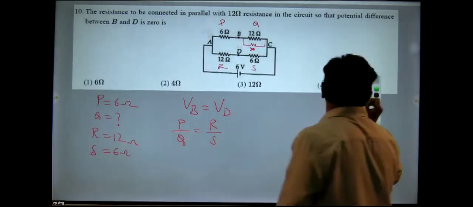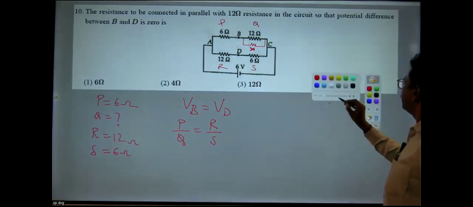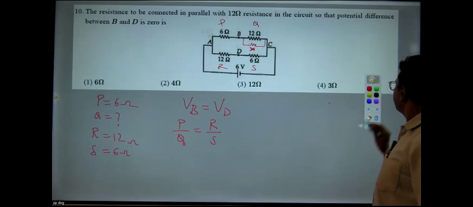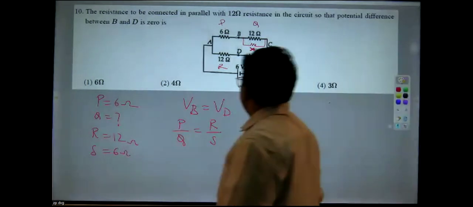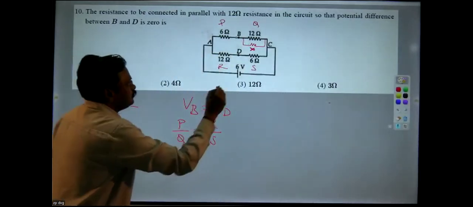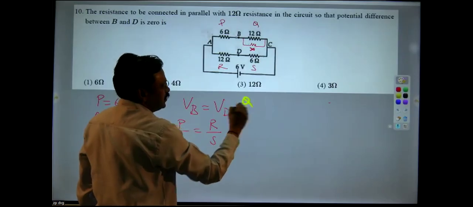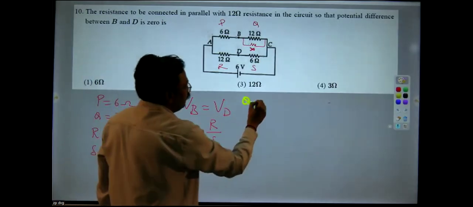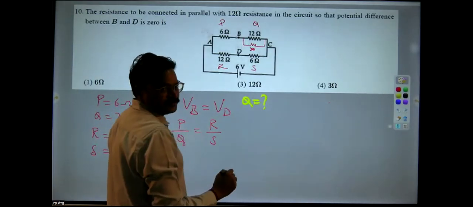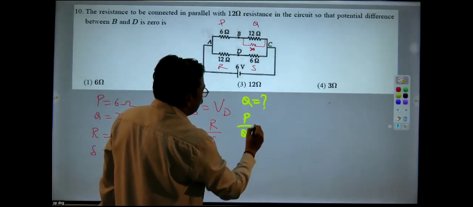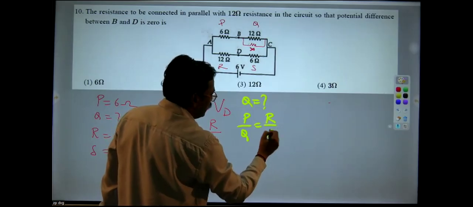So let's find out the value of the total resistance here, which I will write as Q. We need to find the value of this Q. Now see, P by Q is equal to R by S is the required condition.